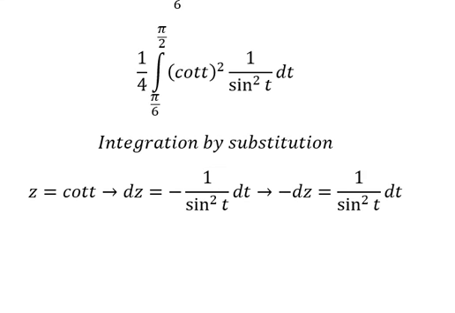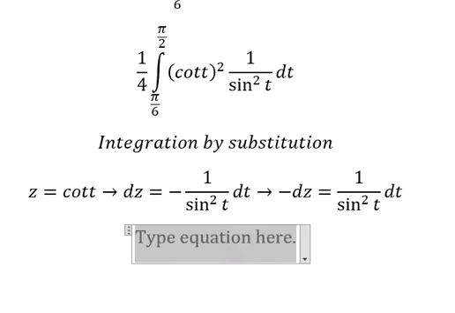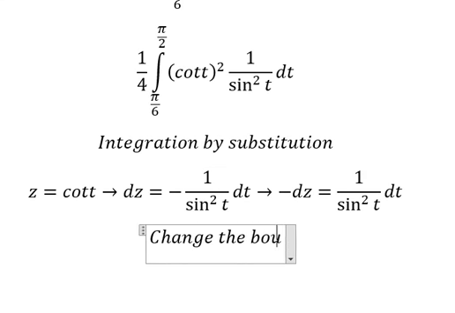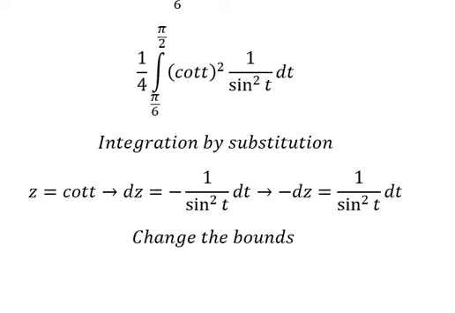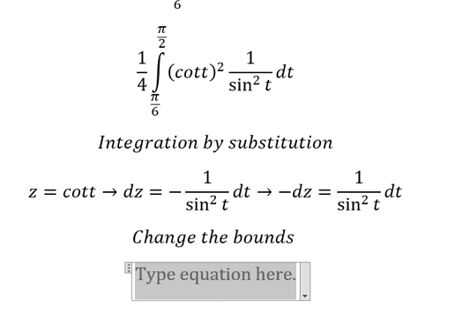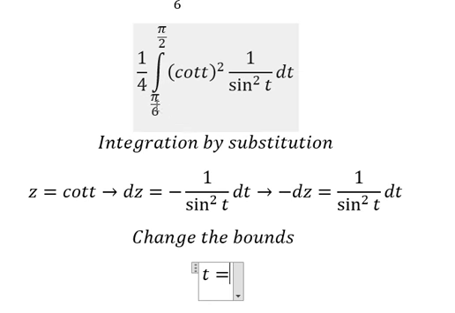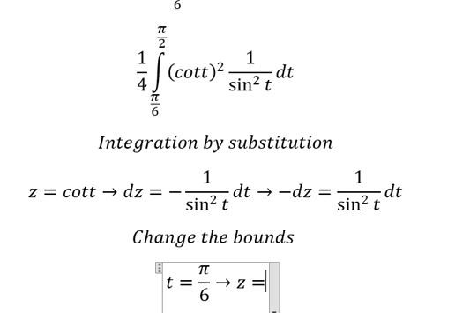Next, we need to change the bounds. So when t equals pi over 6, we can find the value of z equals the square root of 3.